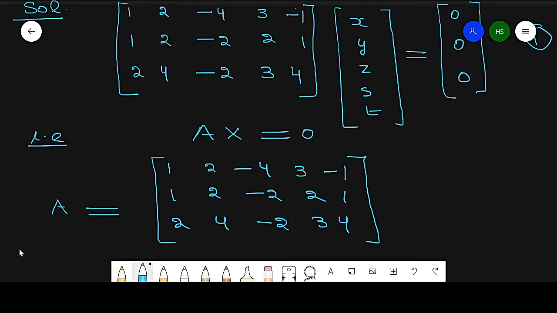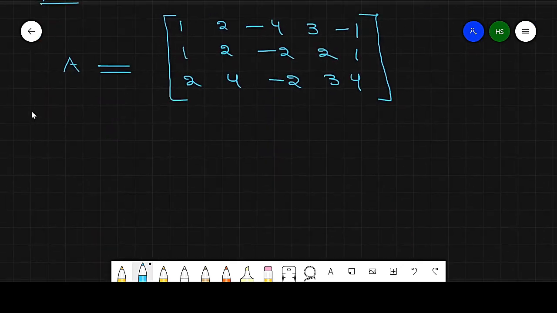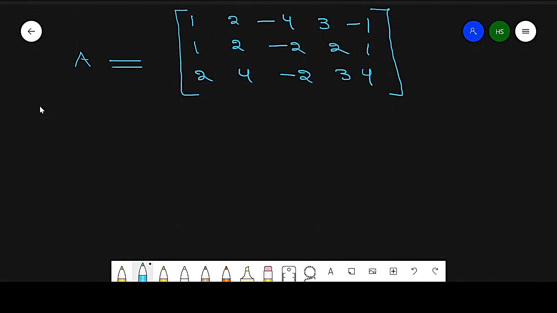In order to find the basis and dimension, we reduce this matrix into row reduced echelon form. First, R2 becomes R2 minus R1, and R3 becomes R3 minus 2R1.